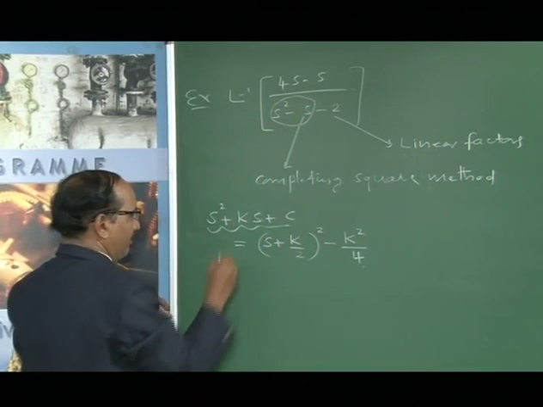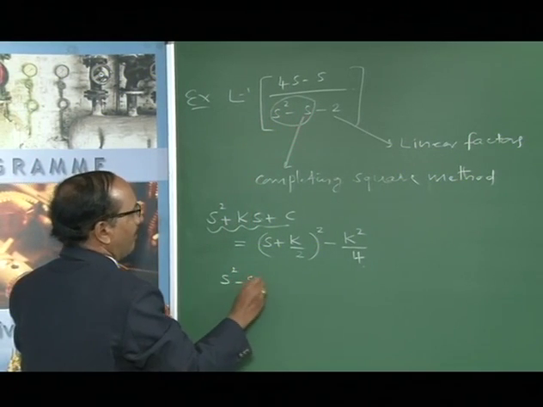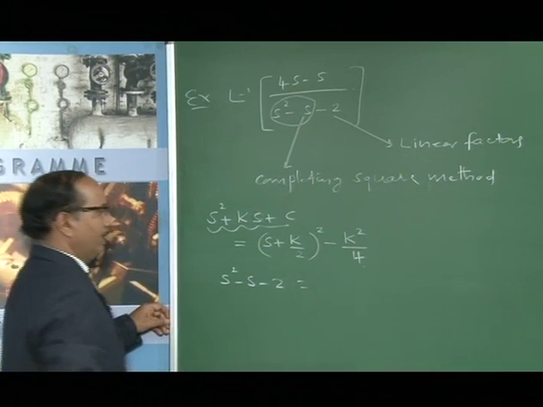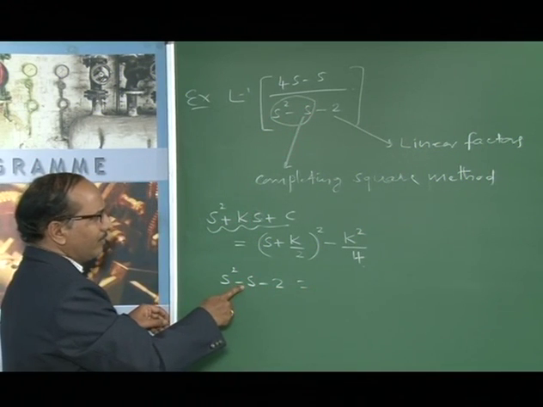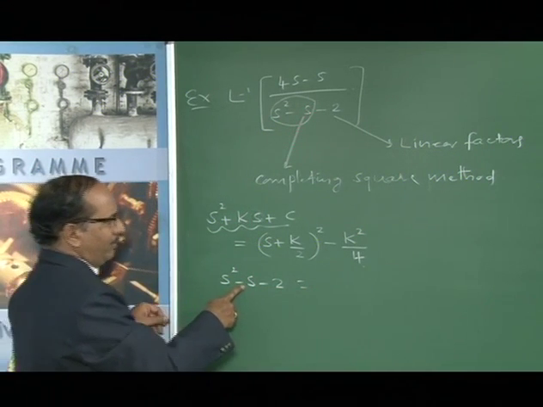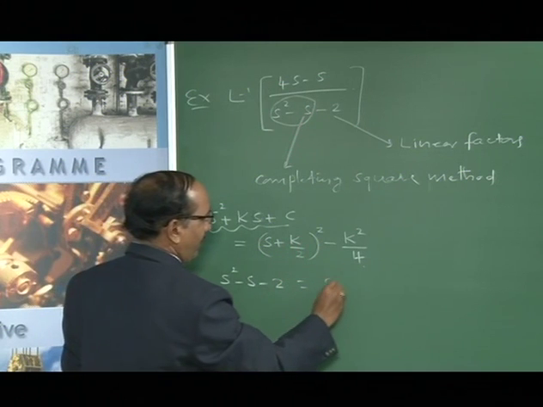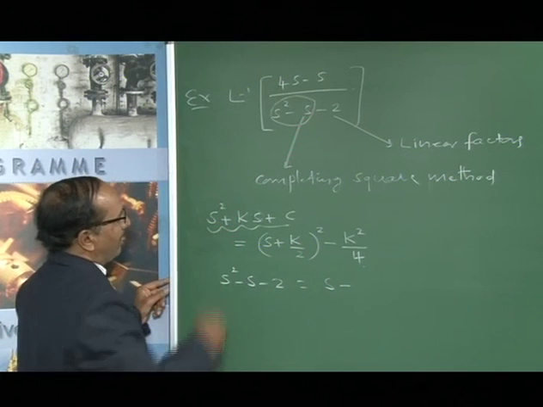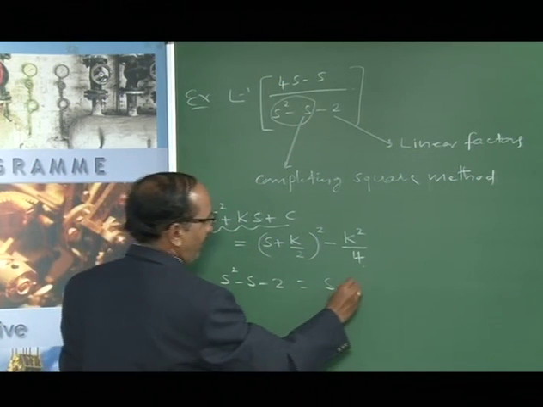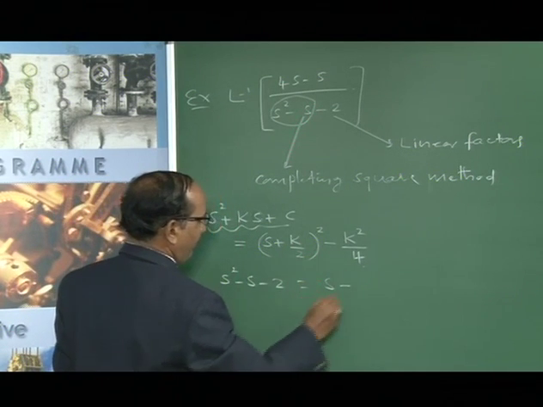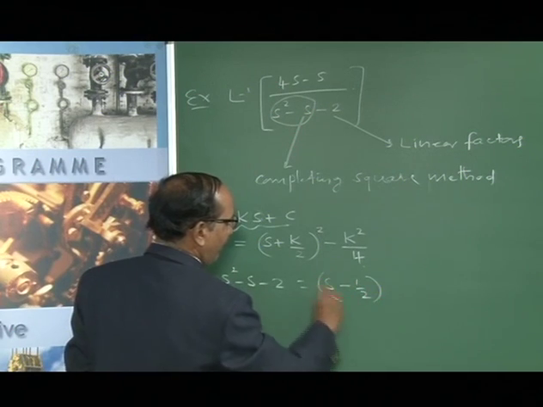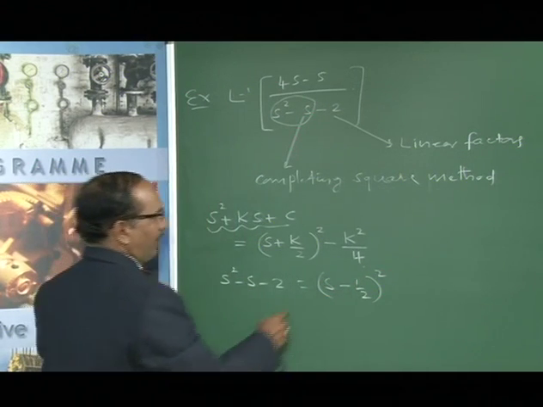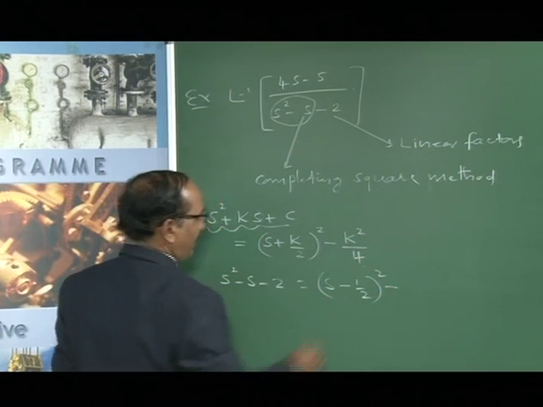So, using this problem, s square minus s minus 2, here the k value is minus 1. One can write it as s plus k by 2, that is s minus half, whole square, minus k square by 4.